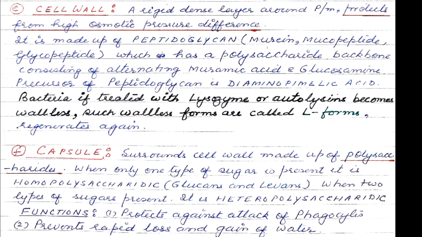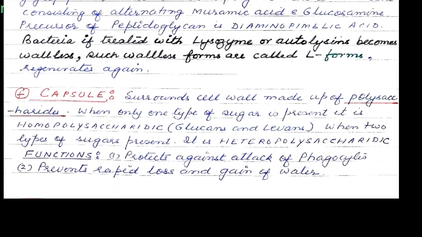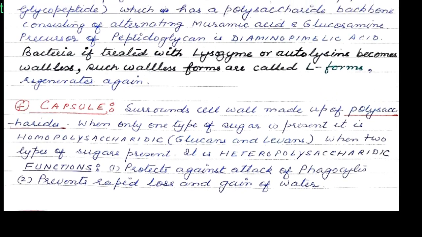Now come to the cell wall. Cell wall is a rigid, dense layer around the plasma membrane, and it protects from the higher osmotic pressure difference created due to the environment in which bacteria are placed.